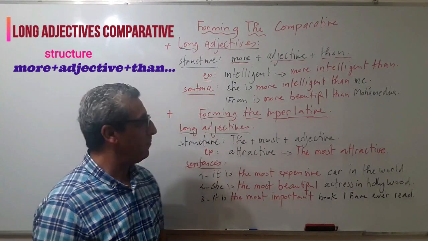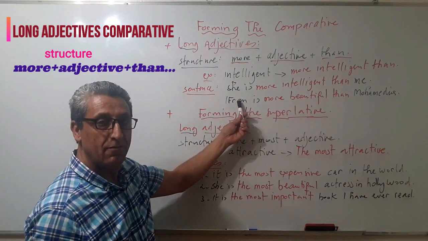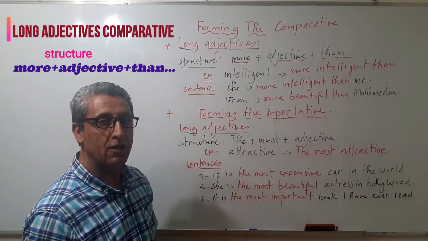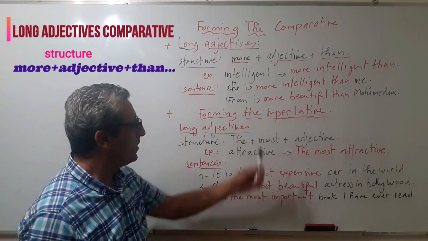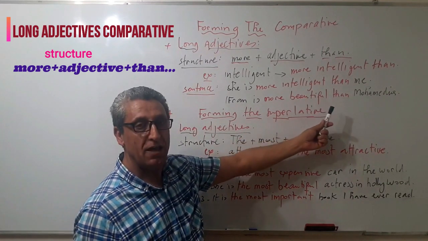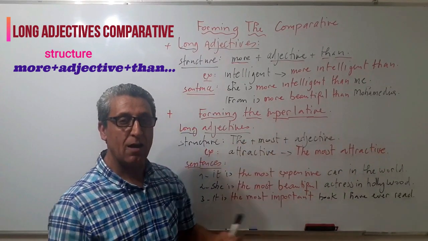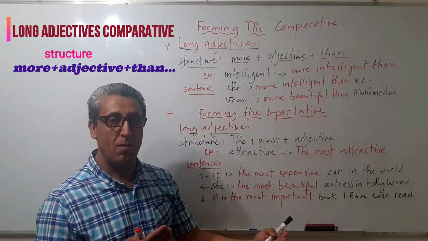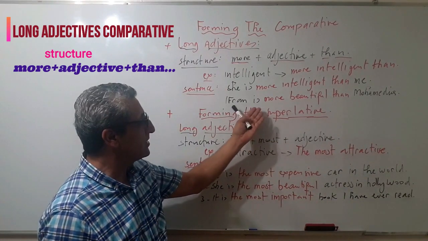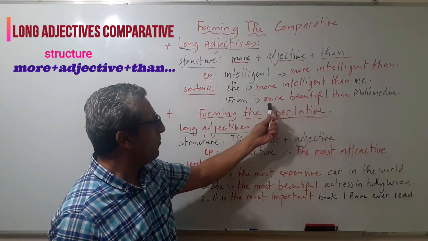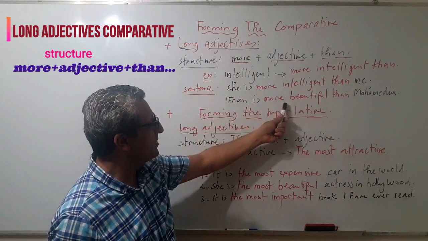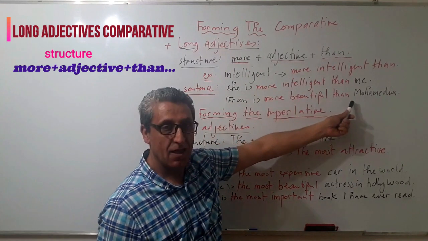Next example. Ifrane, you know, the city Ifrane is more beautiful than Muhammadiyah. Here I'm comparing Ifrane to Muhammadiyah and I say it's more beautiful. So more plus adjective plus than.